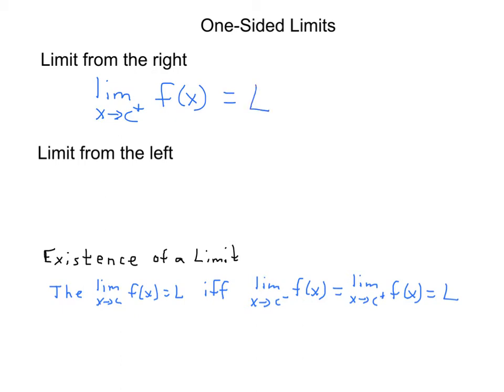If I'm going to have a one-sided limit and I'm looking at when x approaches c from the left, what I will have is the limit as x approaches c from the left, that's the minus sign, of f of x.